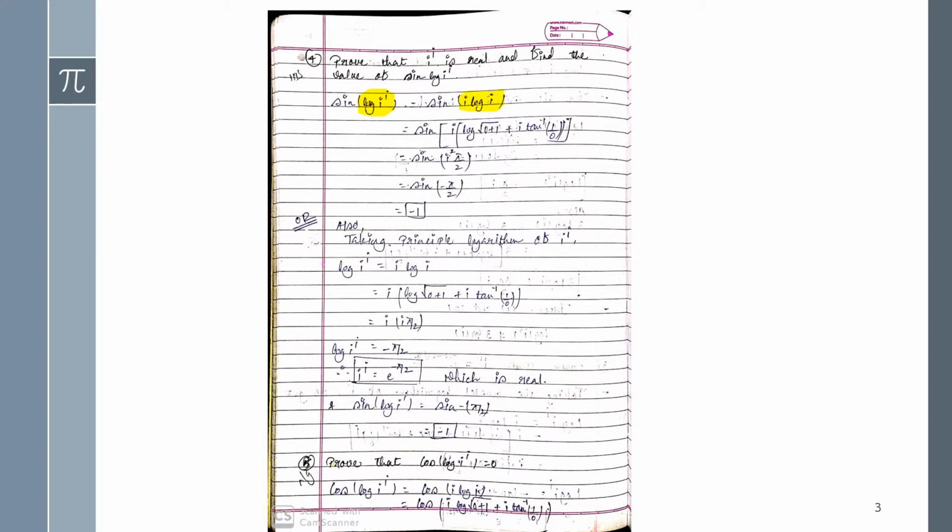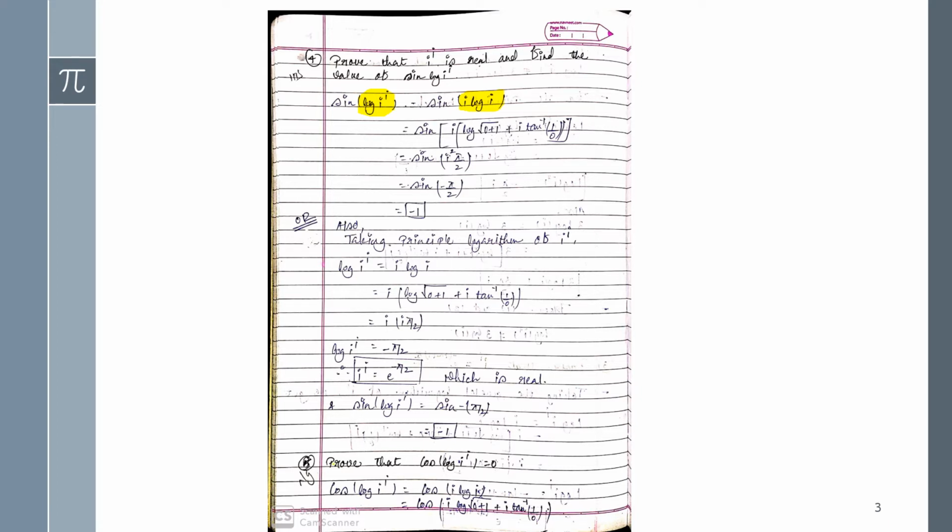Suppose it is given log 3 raised to 2, then we can apply 2 log 3. Again repeating, guys, if log 3 raised to 2 is given, we can apply 2 log 3. In the same way we are applying it for the i raised to i form.